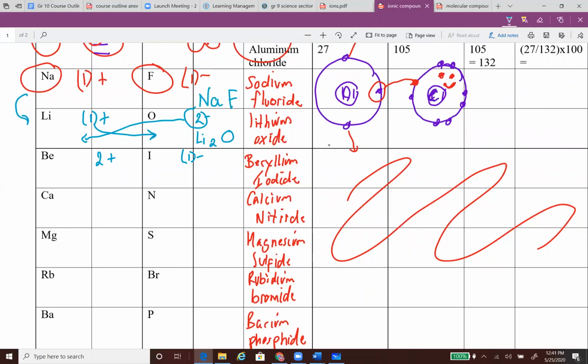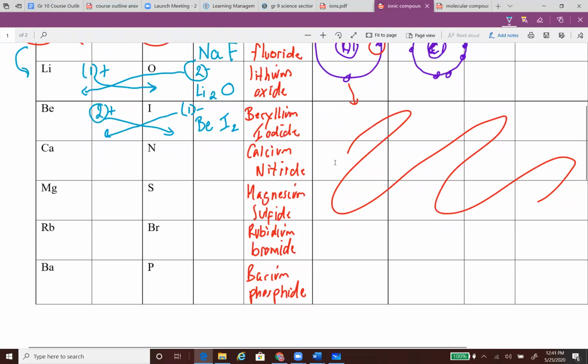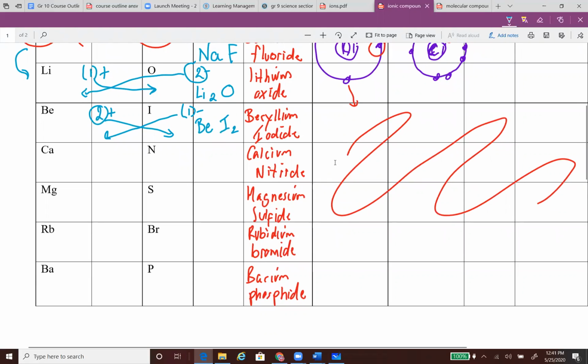This says I need 1 beryllium, but I need 2 iodine. So how do you write this? Well, 1 beryllium would just simply be Be, and 2 iodine would be I2.